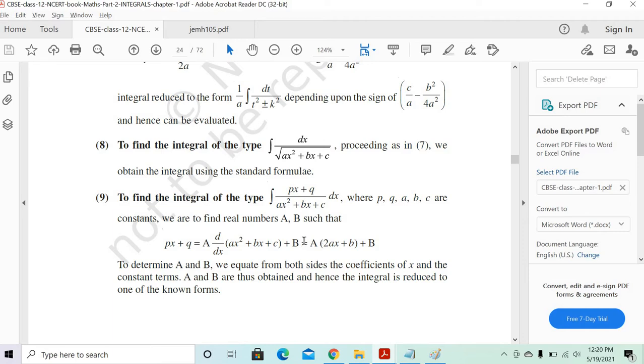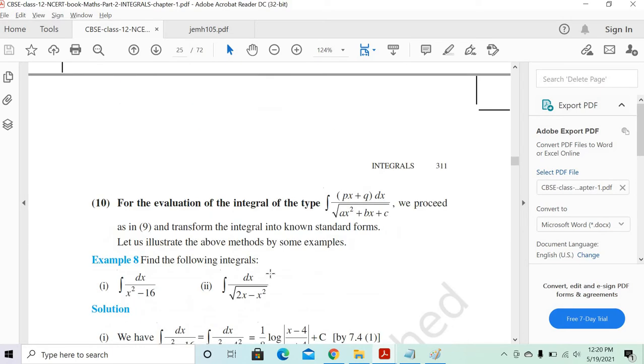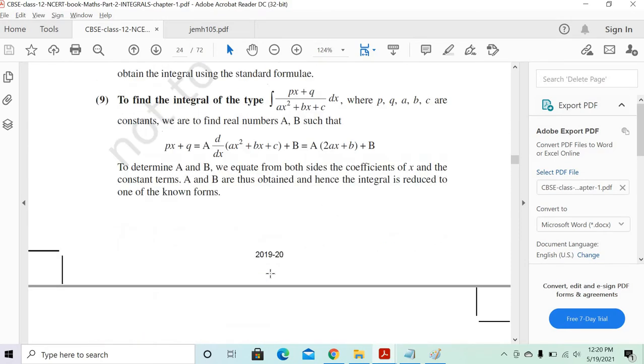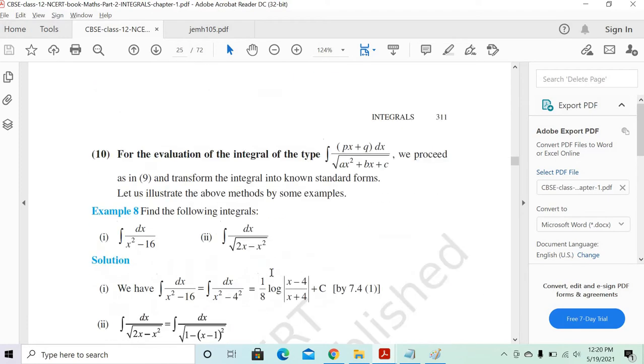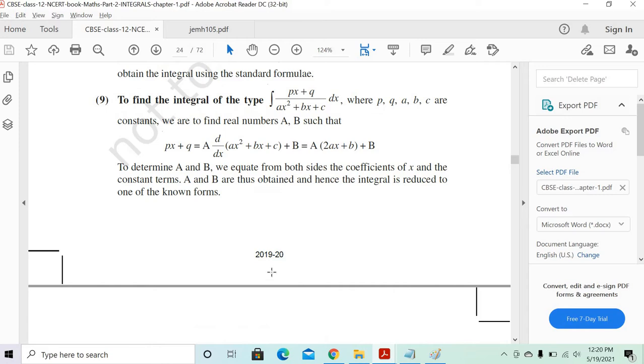Okay, let's go to the evaluation of integration, property number 10 now. Property number 10 is also a similar thing, it's the standard form, px plus q dx. This is the same as property number 3, but now the square root is there.